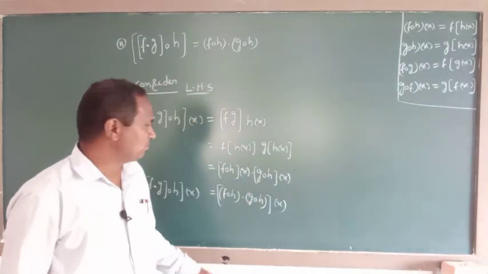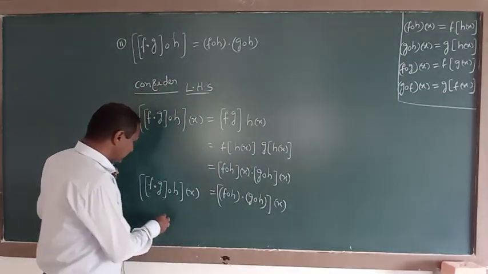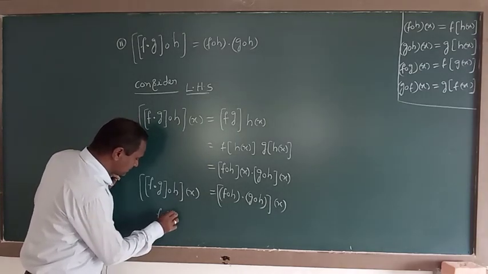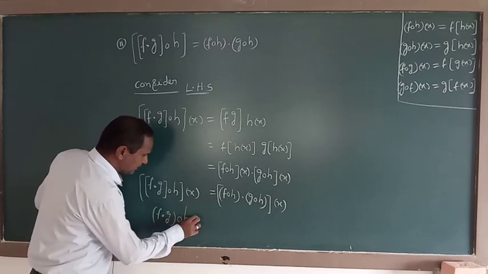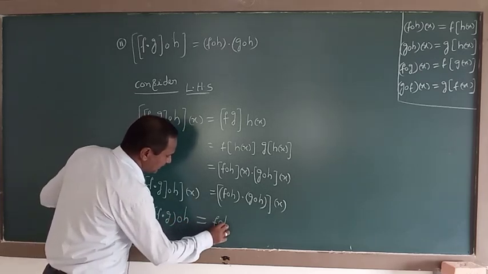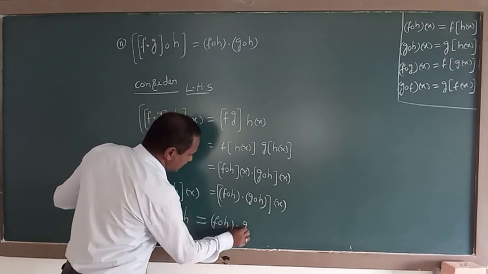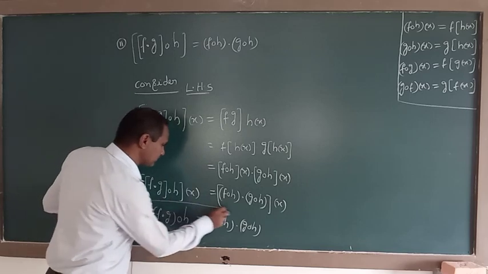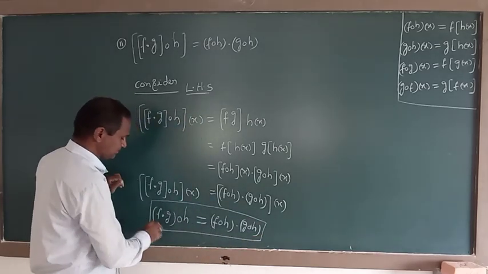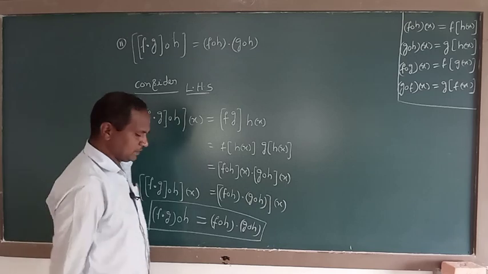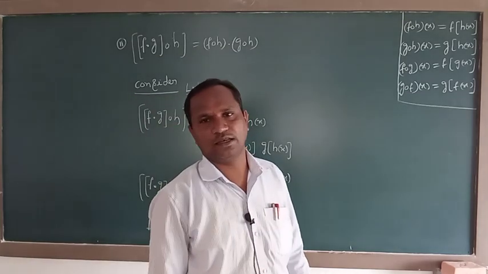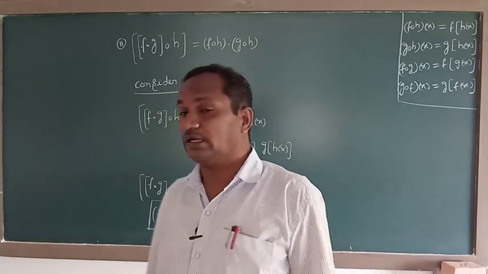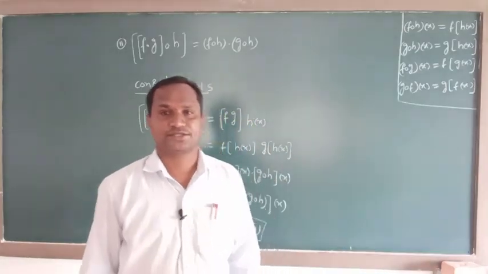Then finally you will get this result. We can write here f dot g circle h is equal to f circle h into g circle h. It is the proof for second question. f into g circle h is equal to f circle h into g circle h.